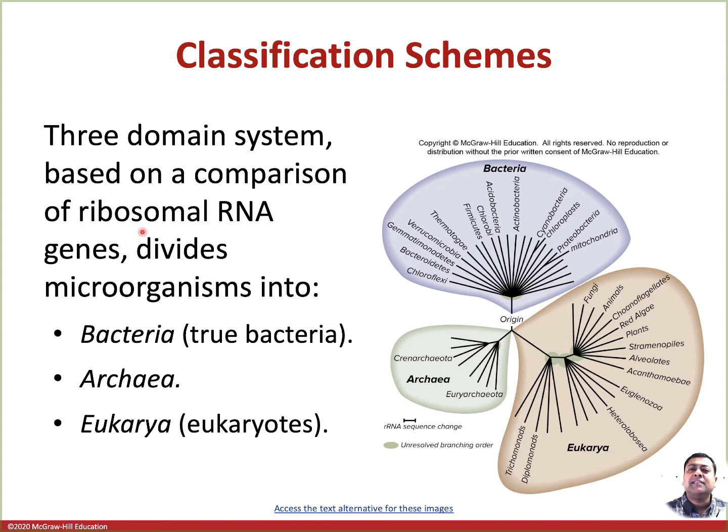The sequences of the ribosomal genes are very, very conserved, which means they are extremely similar between organisms. When Carl Woese and Fox looked at the sequences of these ribosomal genes, they found that there are not technically different animal kingdoms, plant kingdoms, kingdom Monera, or kingdom fungi.